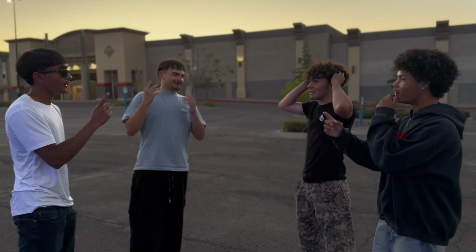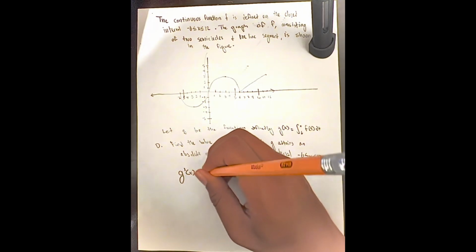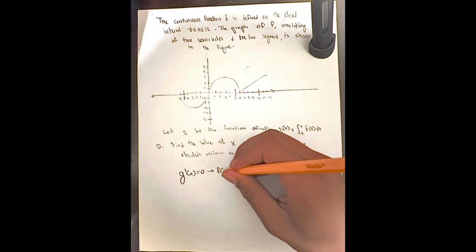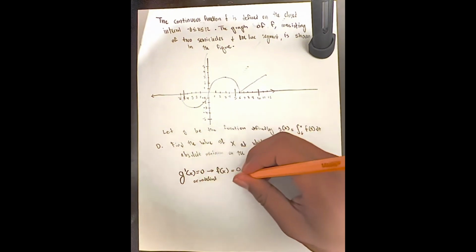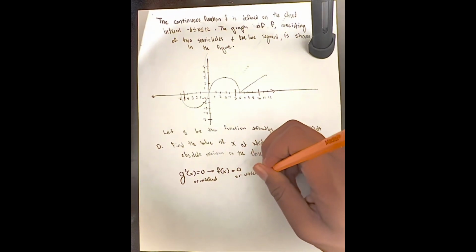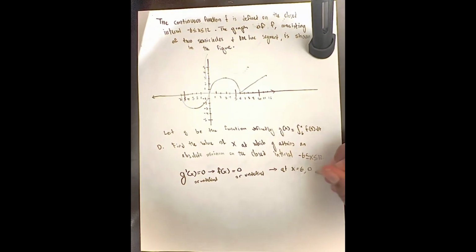Oh, right! So basically, we must find the x value at which the absolute minimum is, which we can find by determining where g prime of x is equal to 0 or undefined, or where f of x is 0 or undefined. This is true at x equals 6, 0, and negative 6.